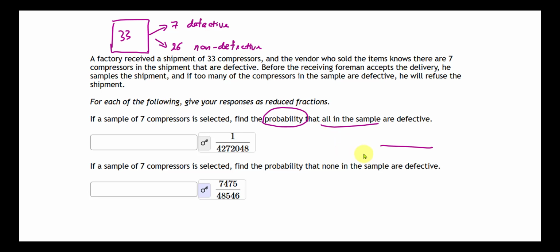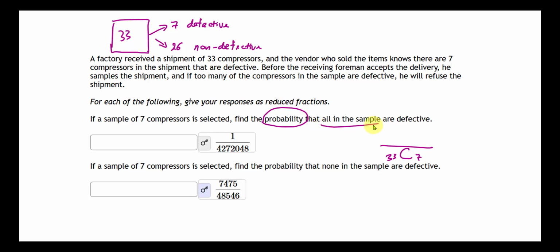We use the combination formula because we don't care about the order. So there are 33 C7 possible choices for selecting 7 compressors out of the 33.